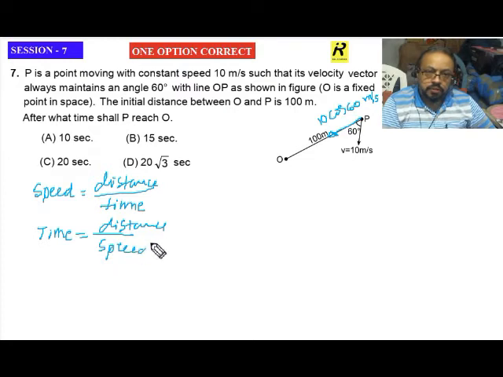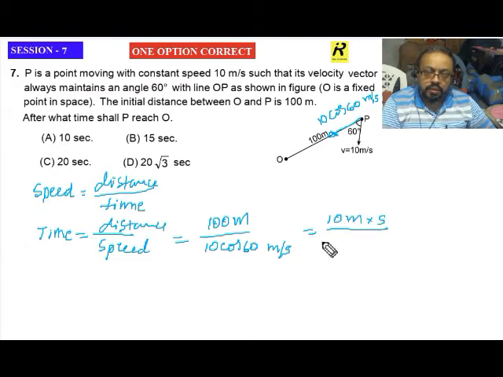So distance divided by speed. The distance is 100 meter and the speed is along OP we should consider, that is 10 cos 60 meter per second. So this is equal to 100 meter into second divided by 10 into cos 60, which is half, meter.